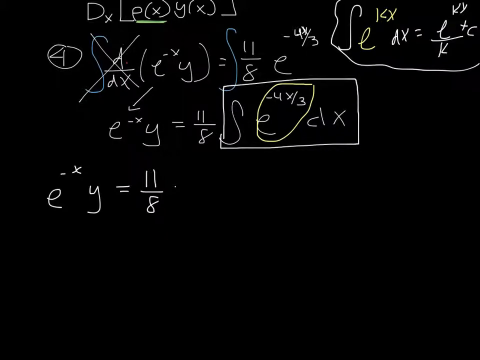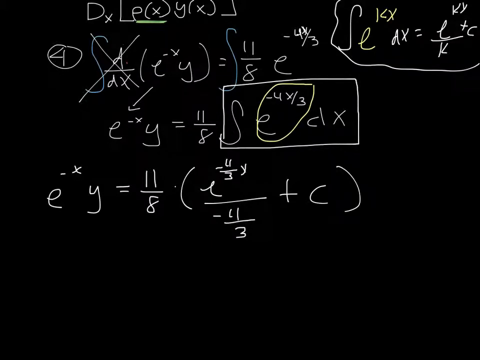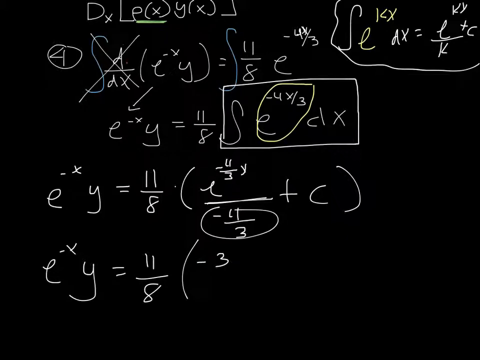Okay, so that's what I'm going to use. So I have e to the negative 4/3 x, which is another way of writing it. And I'm going to divide it by my k, which in this case is negative 4/3, plus my constant of integration. And then this, we just keep writing for now. But again, when you divide by a fraction, that's just multiplying by the reciprocal. My exponential function stays the same.